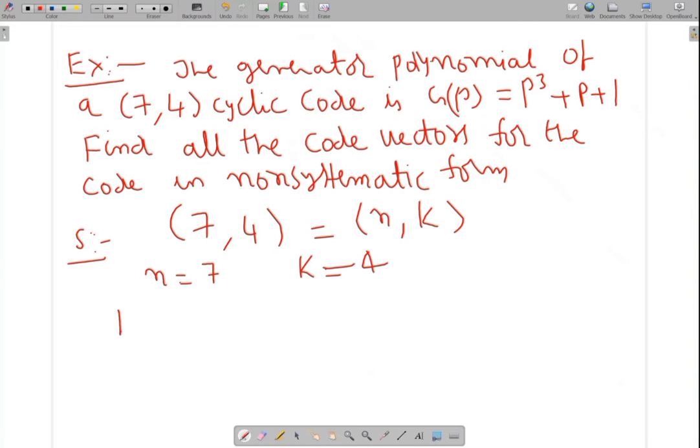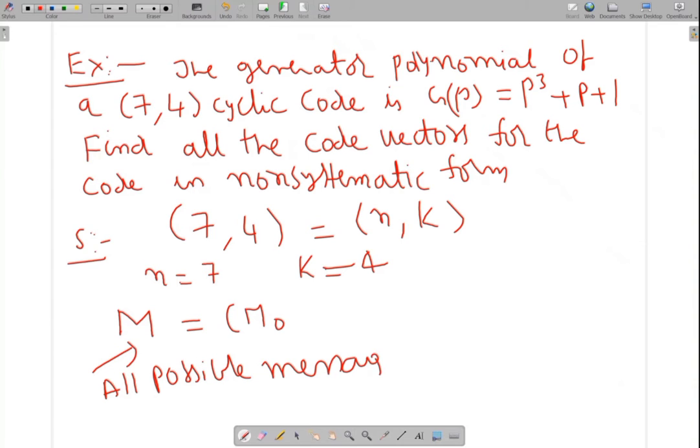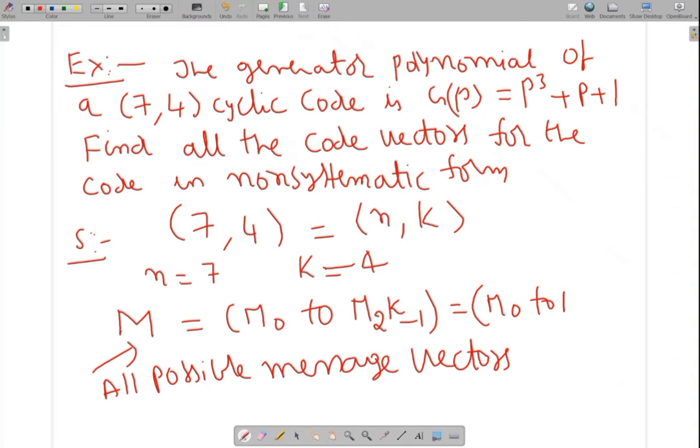The possible message vectors are m, all possible message vectors, from m0 to m 2 power k minus 1.